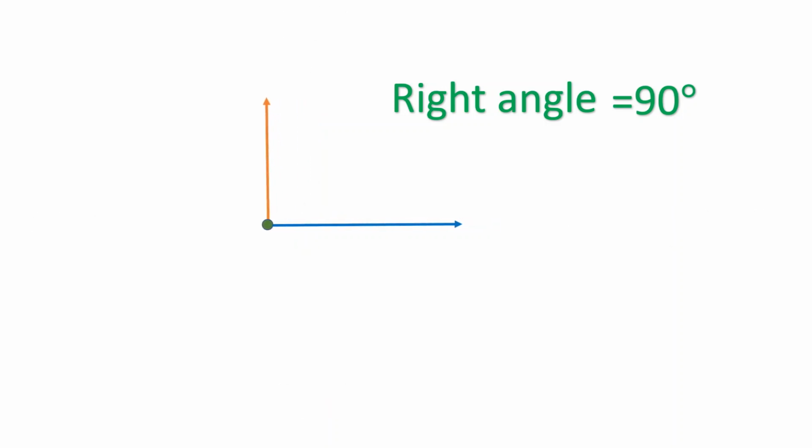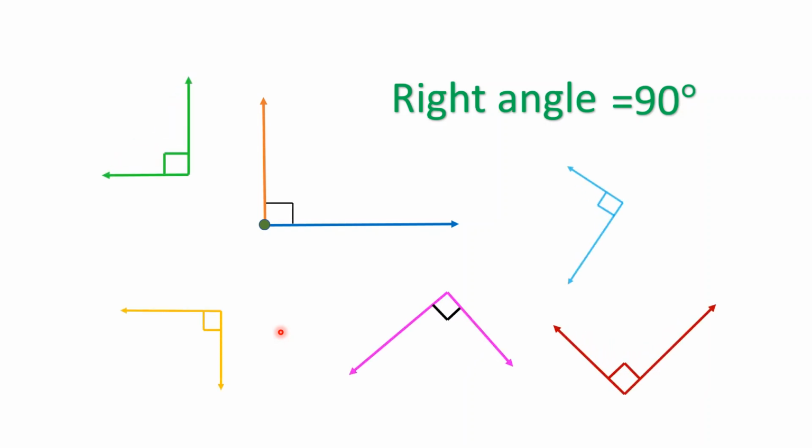It looks like this, right angle, and we denote the right angle with the symbol. This is the symbol we use to denote 90 degree or right angle. Right angles look like this. All these are right angles. We can easily identify the right angle using the symbol.